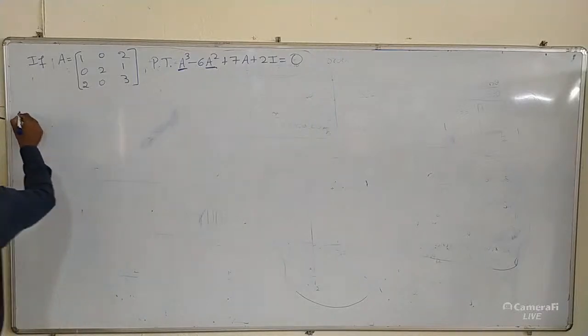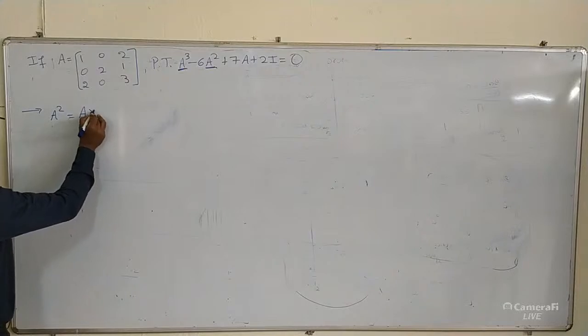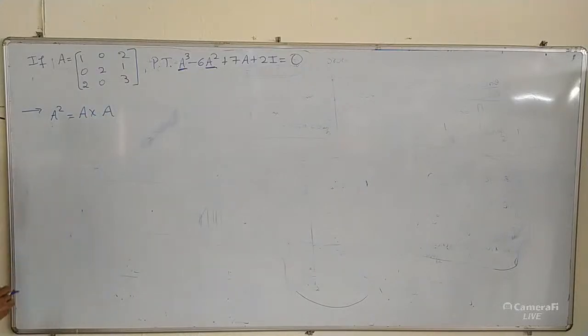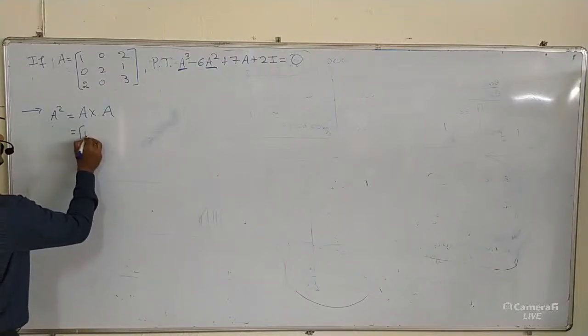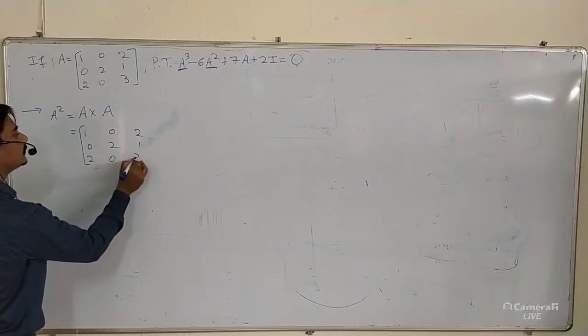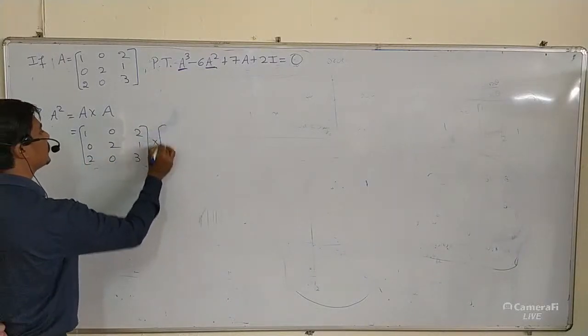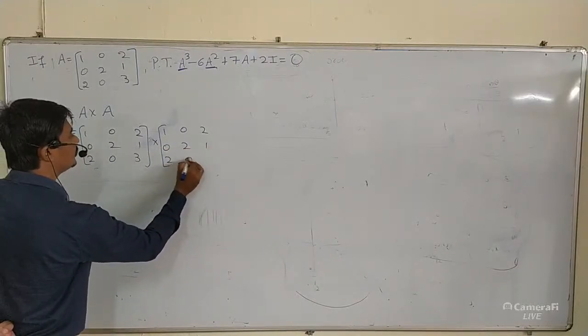For that reason, first we shall find out A square matrix. How do we compute A square matrix? A into A matrix. So 1 0 2, 0 2 1, 2 0 3 into 1 0 2, 0 2 1, 2 0 3.